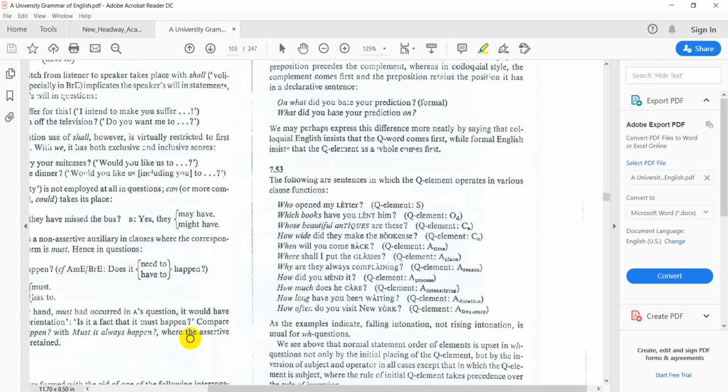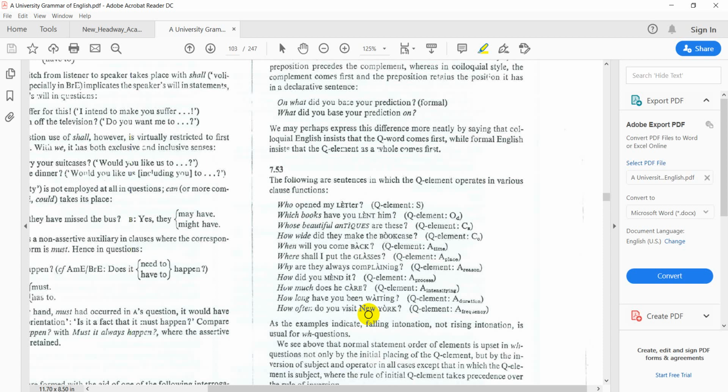Okay. As the examples indicate, falling intonation. As you see, at the end of each word, there is a falling intonation. So it is different from yes, no question. In yes, no question, we usually rise our tone at the end of the sentence. If you remember, we have explained this.